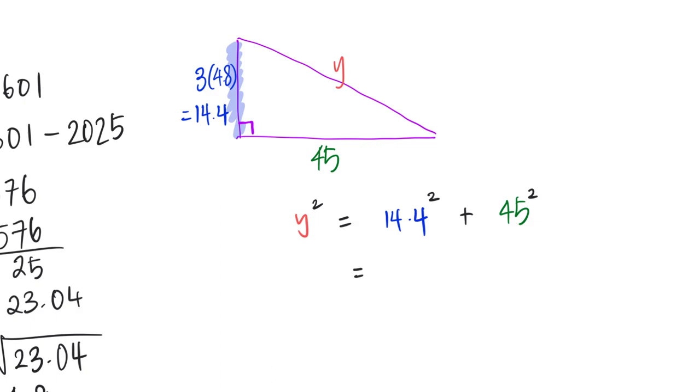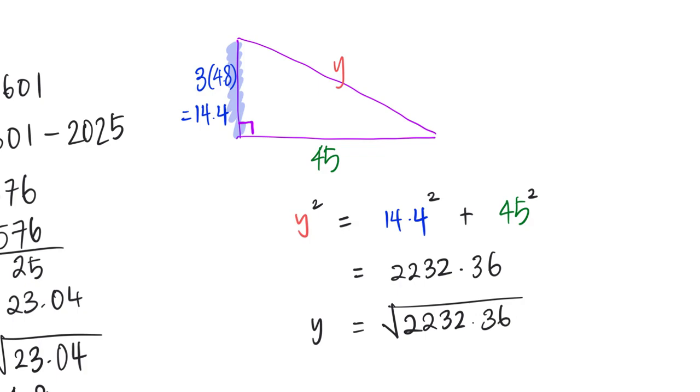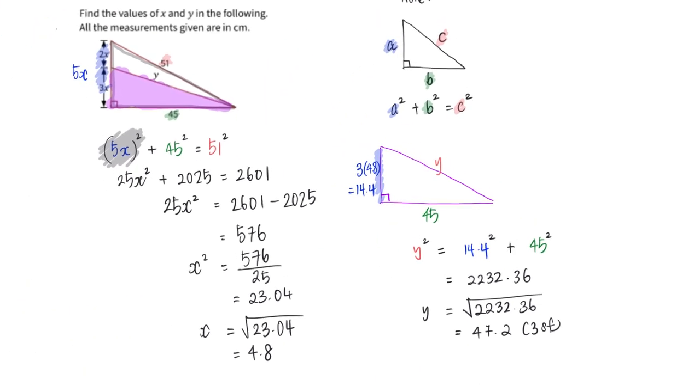Which will be equals to 2232.36. So therefore I will be able to find my y easily. Final answer to be given in 3 sig fig answer. Since we are talking about values of y, I'm not going to write the units.